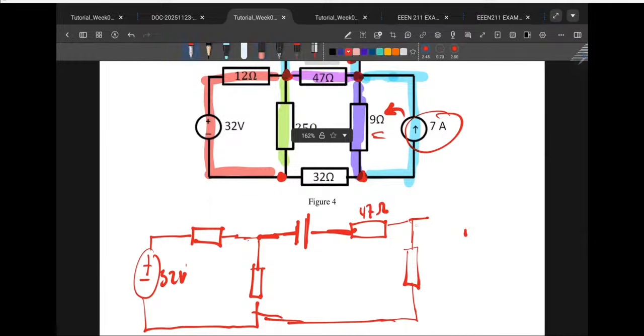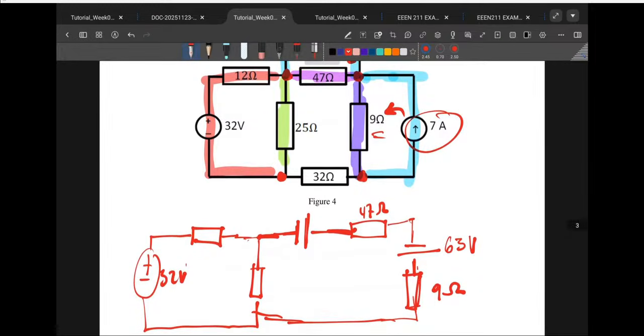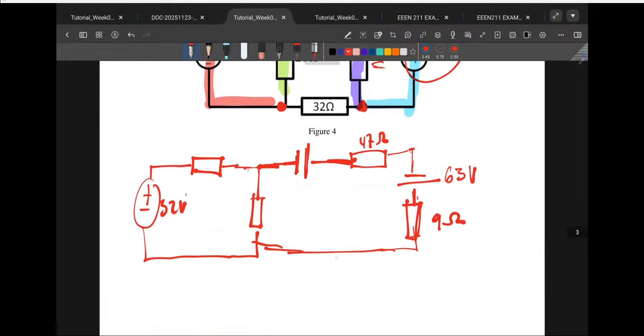So it would come like this, become good, then you see when you're having it, you'd say 7 times 9, you get 63. So it's 63 volts. It's now in series with 9 ohms. There we have it. You'll be drawing something which you can work with. This is still 32 at the bottom here.